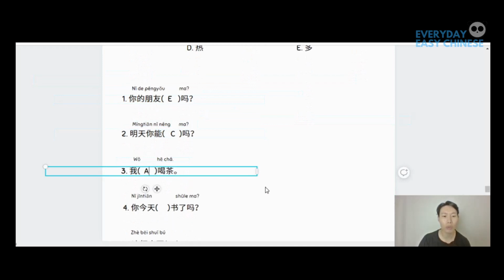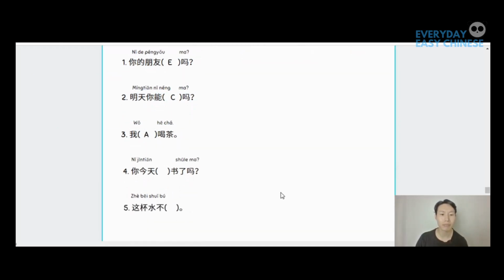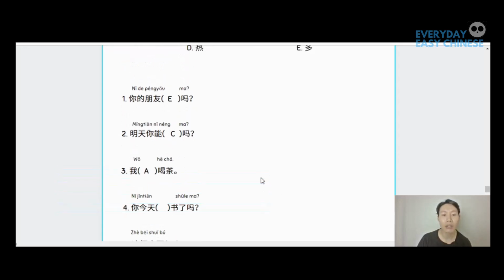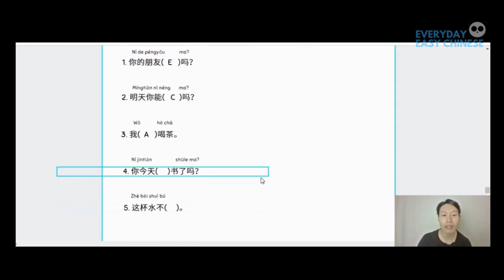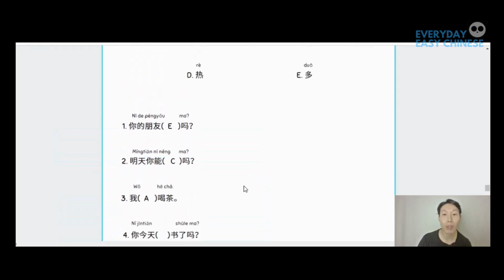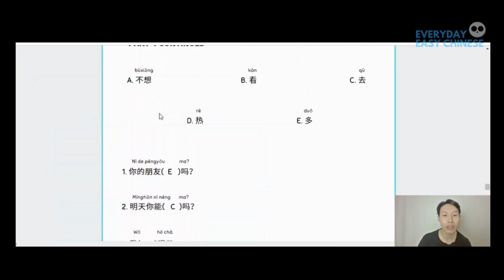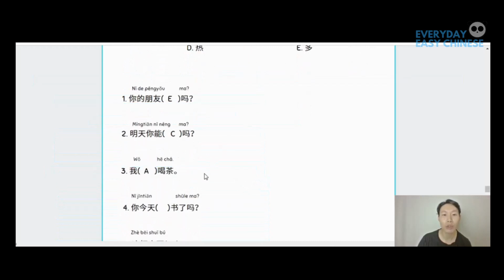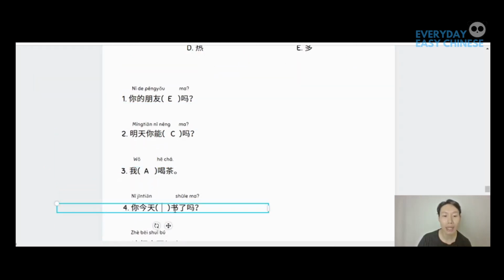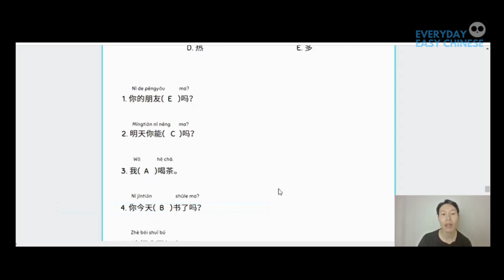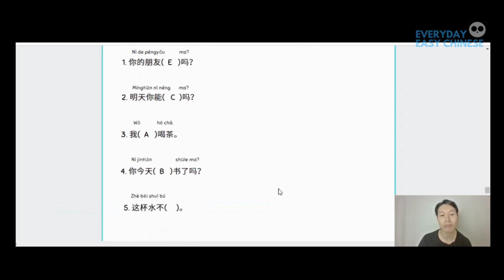I do not want to drink tea. Number 4. 你今天输了吗? So 输 means books. So let's find one that goes with books. 看 means to read. So 你今天看书了吗? Have you read books today?